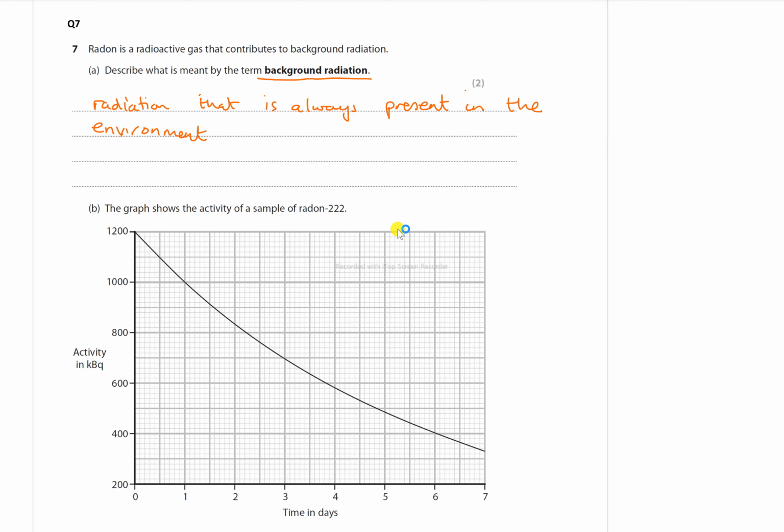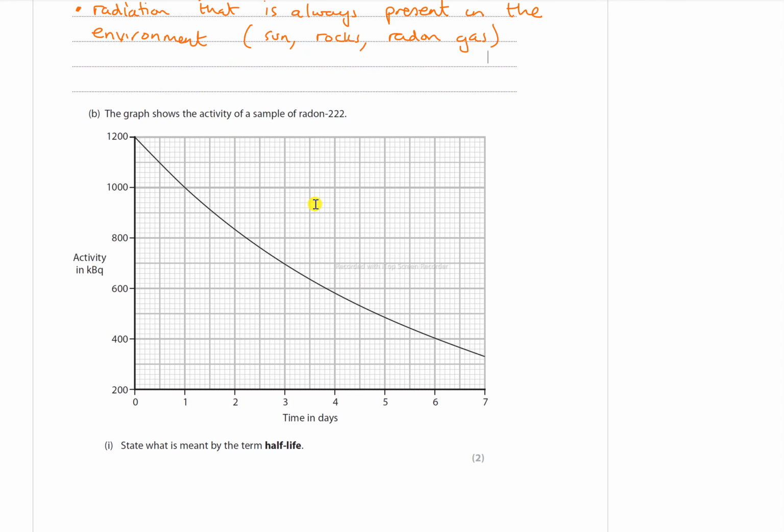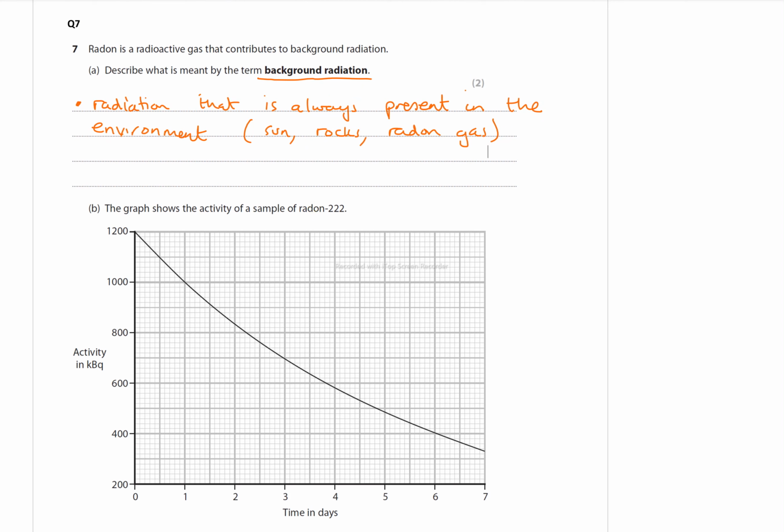That's what background radiation is. And where does it come from? It comes from the sun, it comes from rocks, it comes from radon gas. That's enough, it's only two markers. So radiation that is present in the environment, and it's always present.